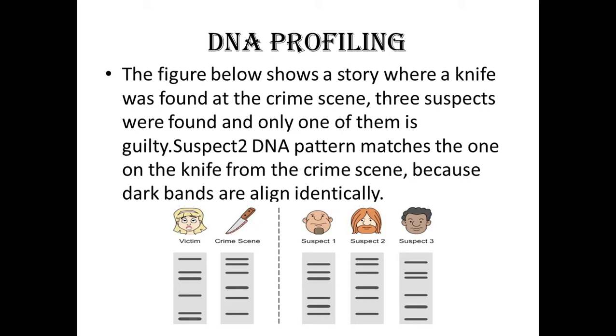Now, looking at the diagrams here, the one from the knife from the crime scene and suspect number two, the pattern matches, because these dark bands are aligned identically, meaning suspect number two is actually the guilty party who was at the crime scene. And this is how DNA profiling can be helpful in the forensic department.